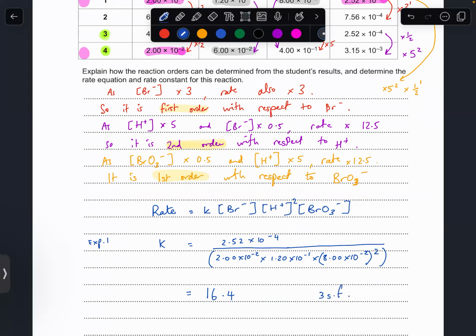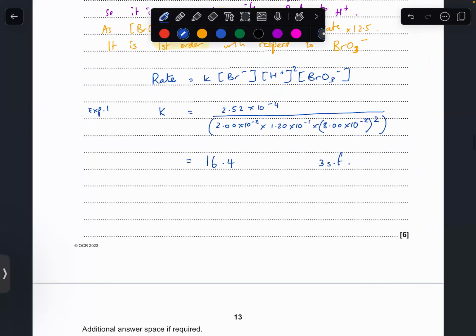And the question is asking to determine the rate constant as well, and you usually always give the units. So if you look here, we've got the rate over concentration times concentration squared.